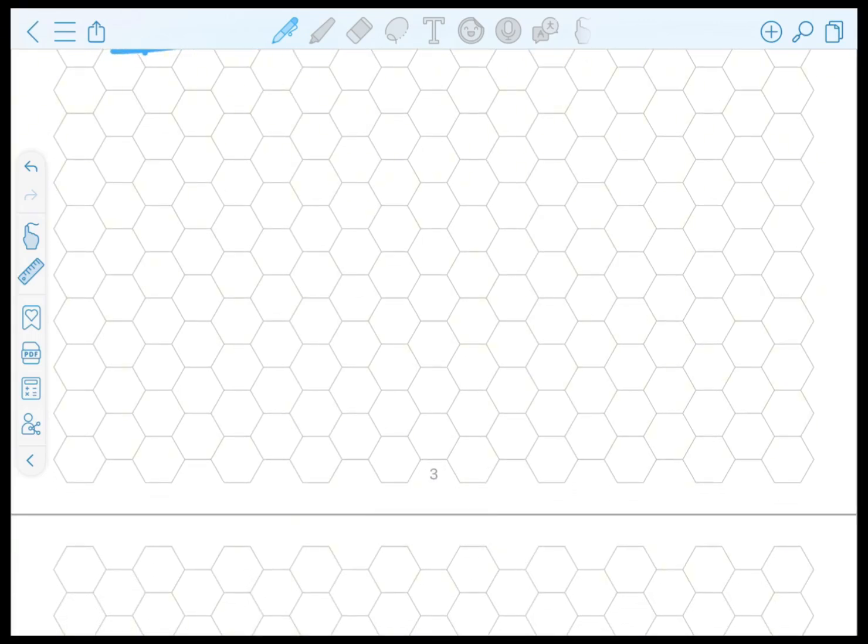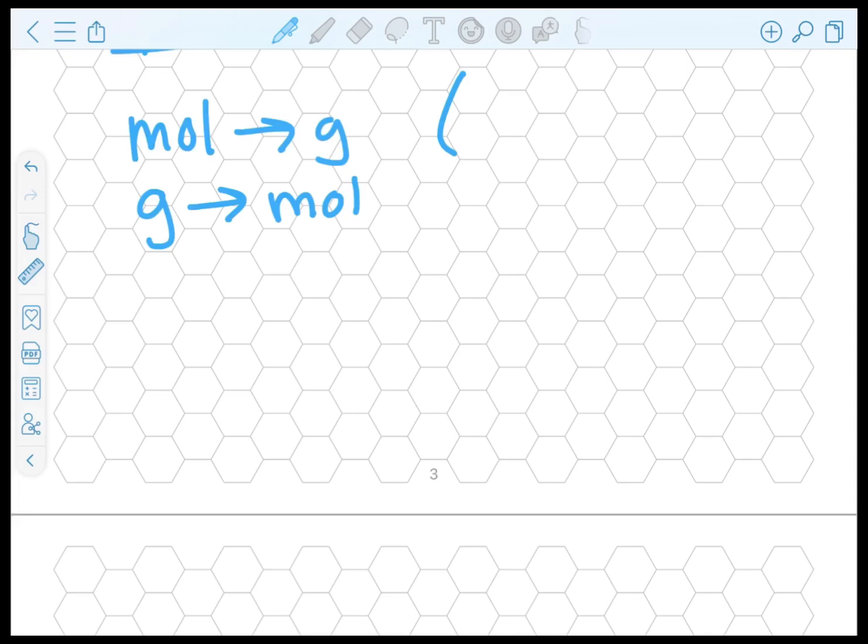But in this subunit, we're going to be looking at 2 main ones, going from moles to grams and grams to moles. So, when you want to convert moles to grams, you're going to want to have moles in the denominator. So when you multiply the units, they cancel out. So it'll be grams over moles.